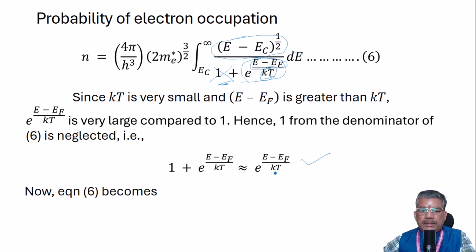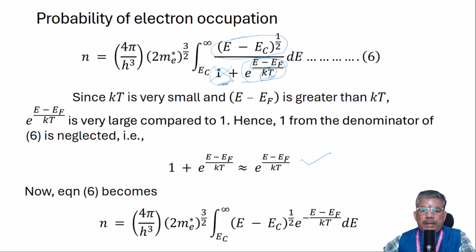So now equation 6 becomes, we eliminate only this 1, right? We can rewrite equation number 6, that is n equal to 4 by h cube into (2 m E star) whole power 3 by 2, integral from EC to infinity, and the remaining value, (E minus EC) whole power half into exponential of (E minus EF) by kBT.